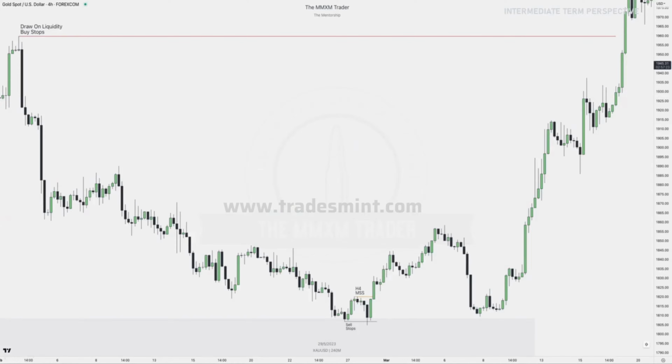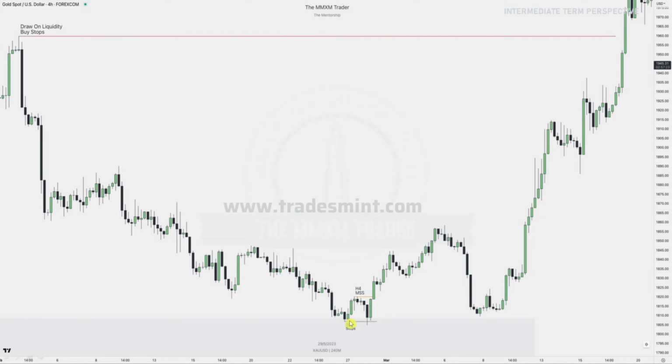So we've got this 4-hour chart for gold, right? This is our intermediate term perspective, and we need this intermediate term perspective to align with our long-term perspective. So our long-term perspective is bullish, right? We see those buy stops high up in the range, and now we need order flow to be bullish also on the 4-hour time frame, because then both of those perspectives are in line.